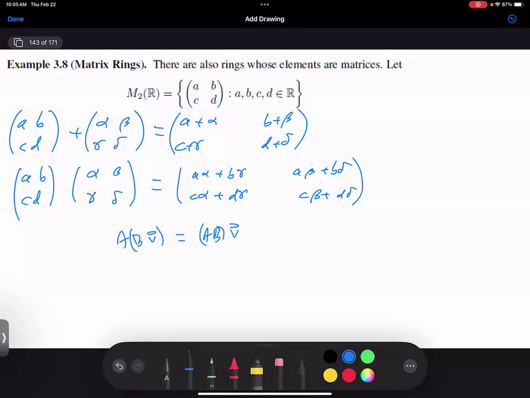Will the matrices be necessarily invertible? No. If you write down some matrices, you will, without too much work, find a matrix that's not invertible. So anybody want to give me a non-invertible matrix? Yes.